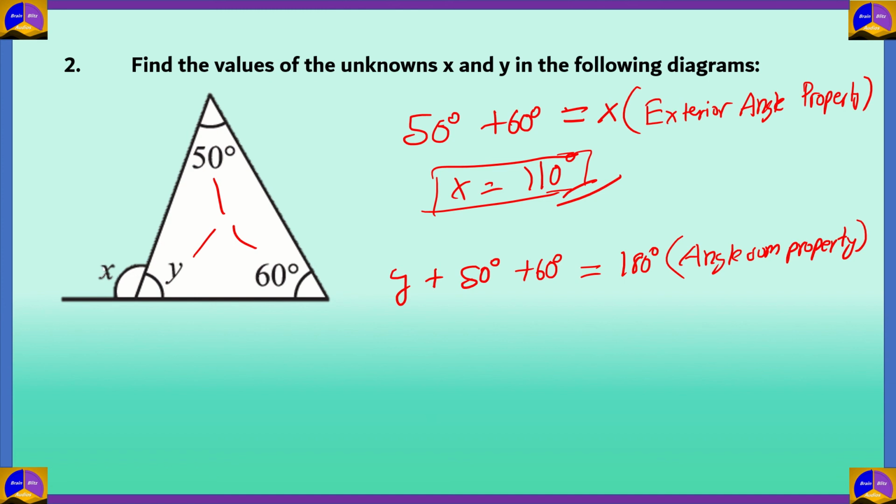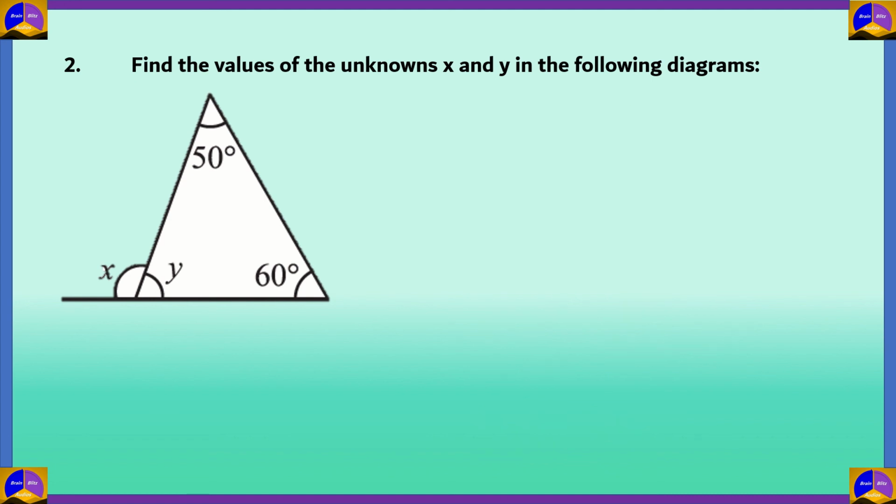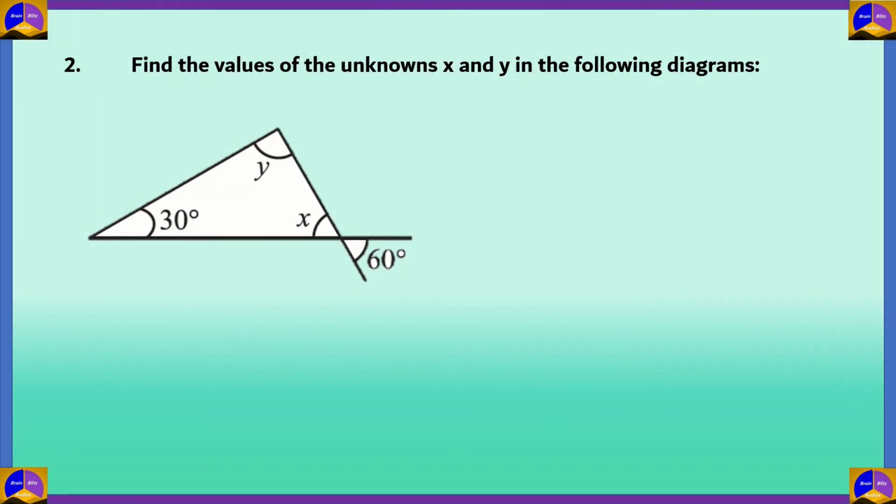So 50 degrees plus 60 degrees is equal to 110 degrees. y plus 110 degrees would be equal to 180 degrees. y would be equal to 180 degrees minus 110 degrees. So y is equal to 70 degrees in this diagram. So x is equal to 110 degrees and y is equal to 70 degrees. Next question.